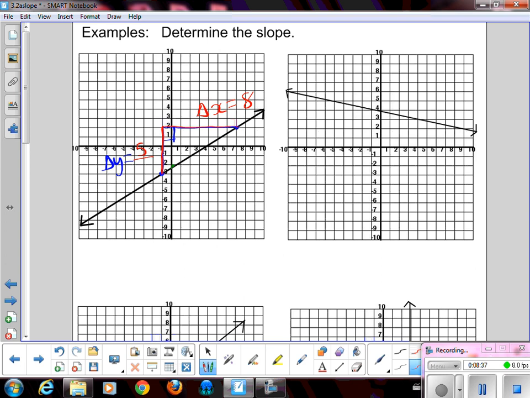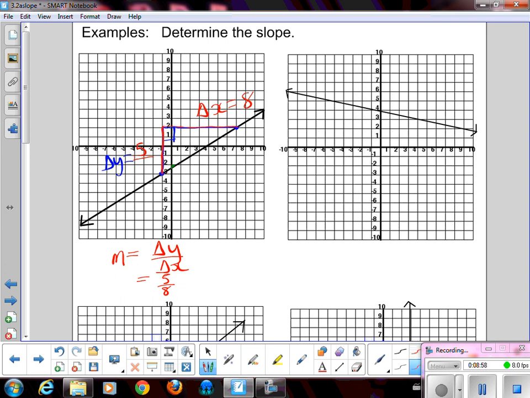When I'm talking about the slope, remember the slope equals the change in y divided by the change in x. So in this case, it would be 5/8. And we would leave it in lowest terms as a fraction, because that's going to be more useful to us later on.